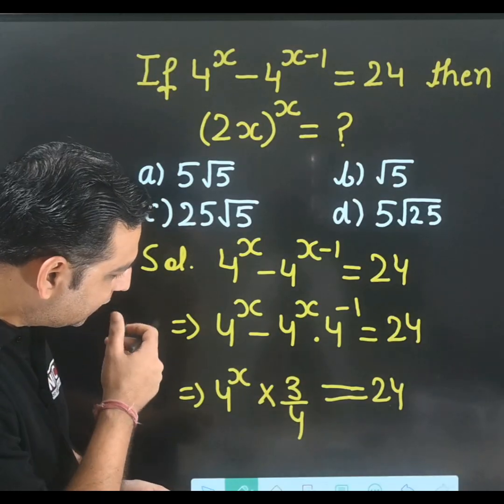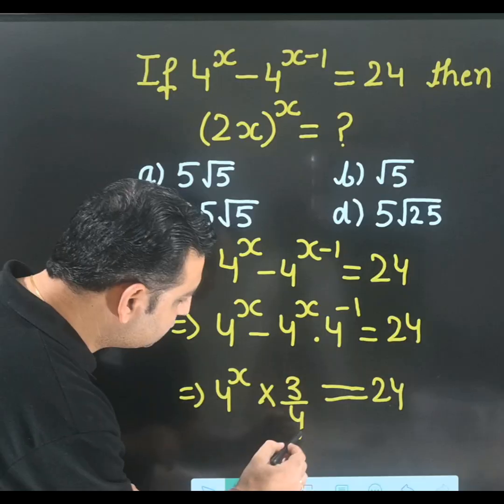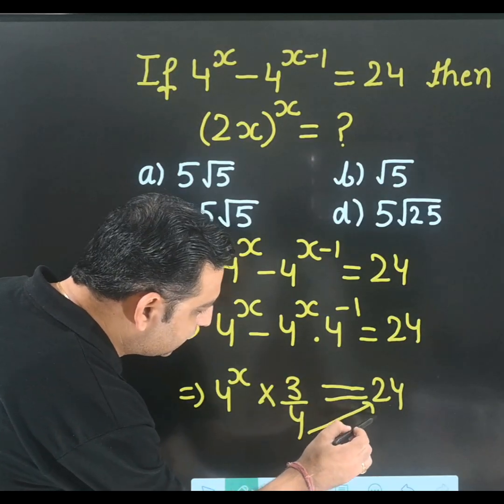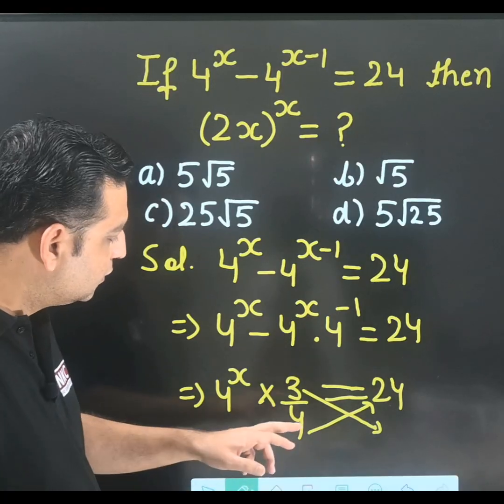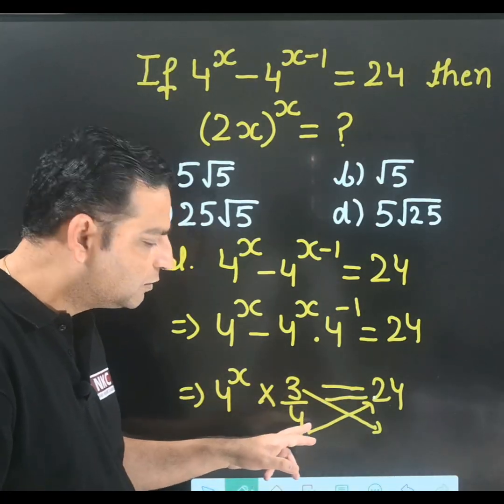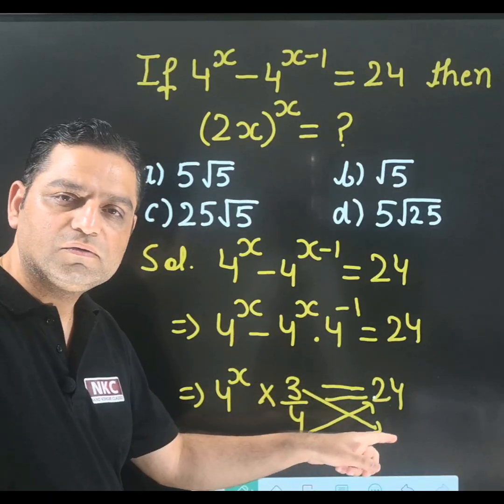Now I am planning to cross multiply here. Cross multiply means this 4 will be multiplied with 24 and this 3 will go down. 24 multiplied by 4 is 96 and 3 will go down.